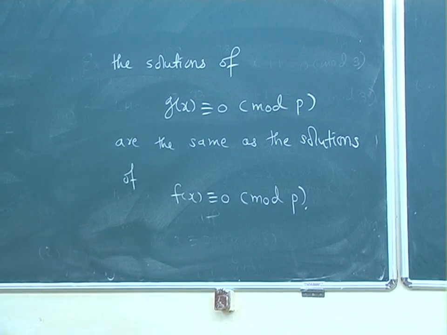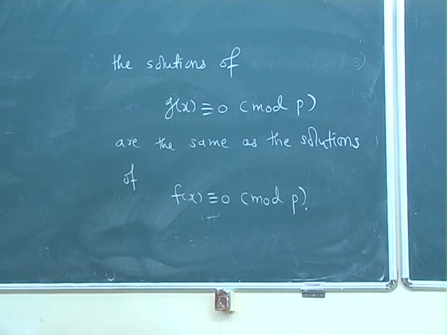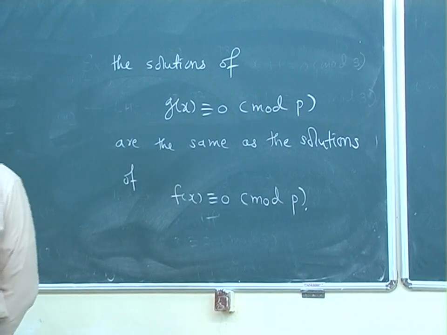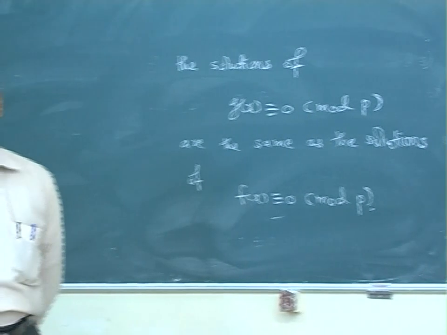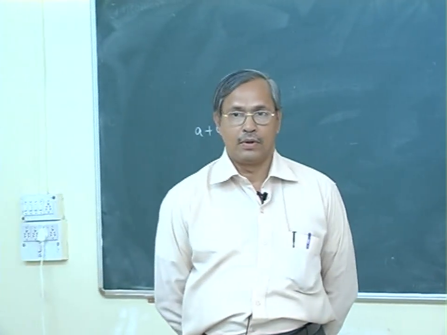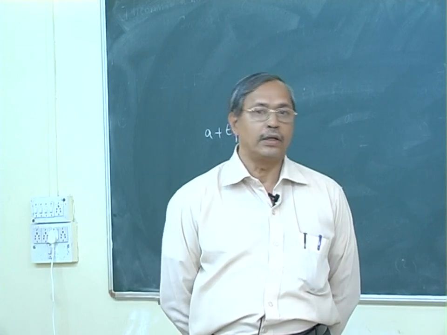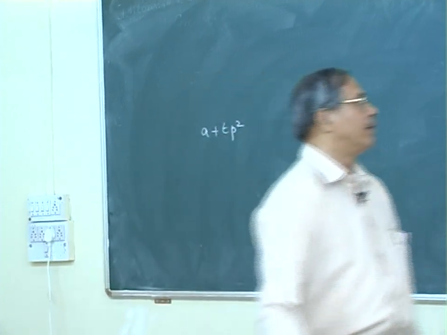Now to prove this, we divide f(x) by our polynomial x raised to p minus x, which you study in Fermat's little theorem. Divide f(x) by x raised to p minus x, get a quotient and a remainder.